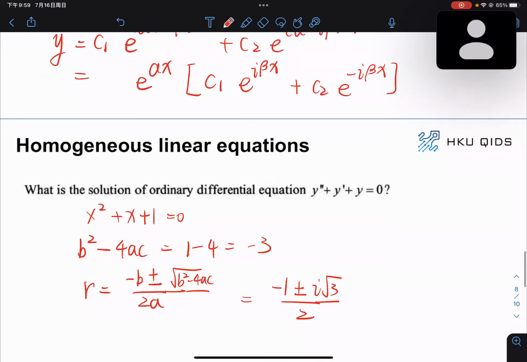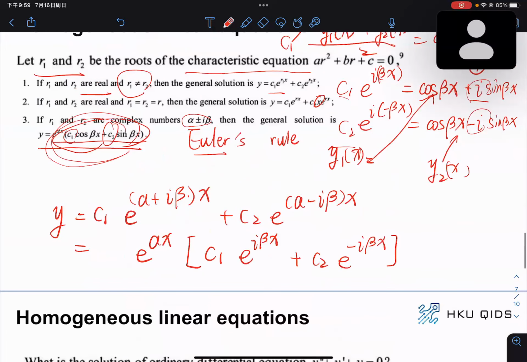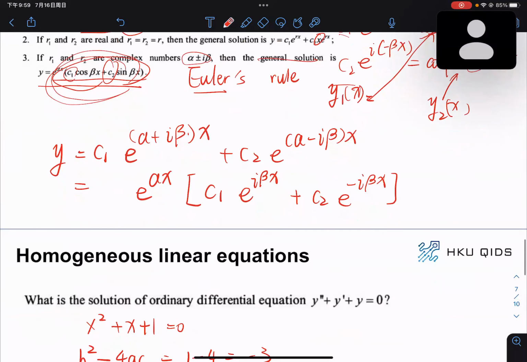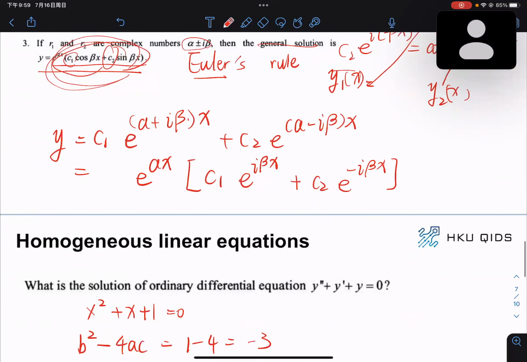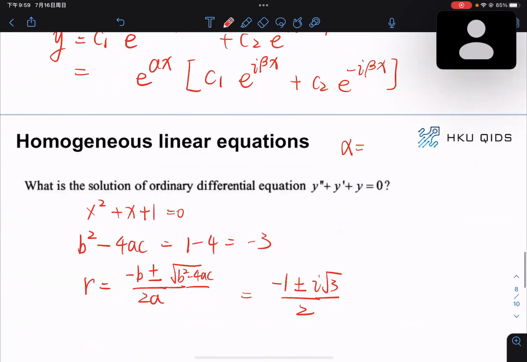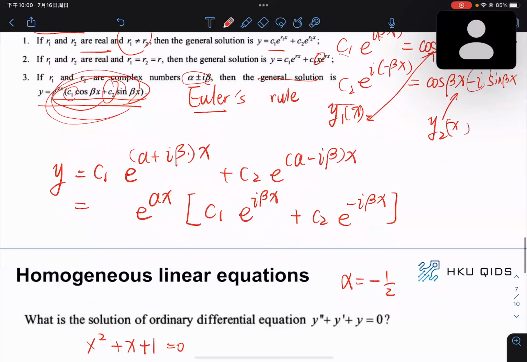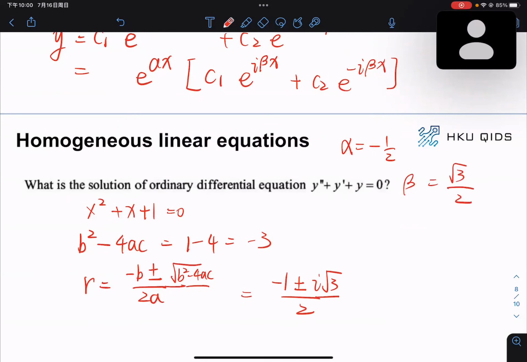And then according to the formula and the general solution we just proved, we have alpha here is going to be -1/2, right? And the beta here is going to be √3/2.